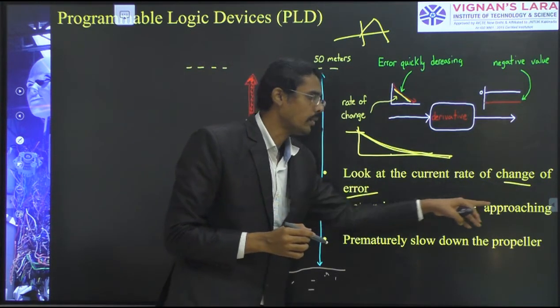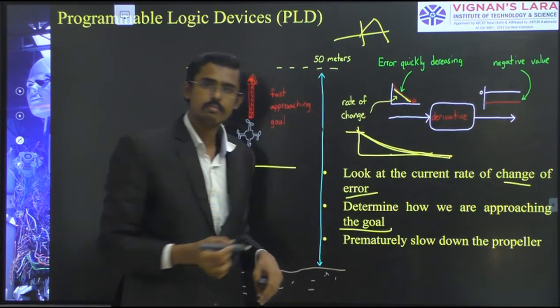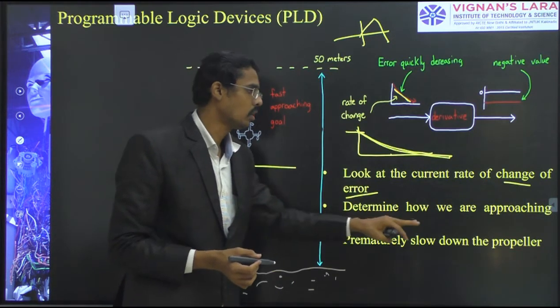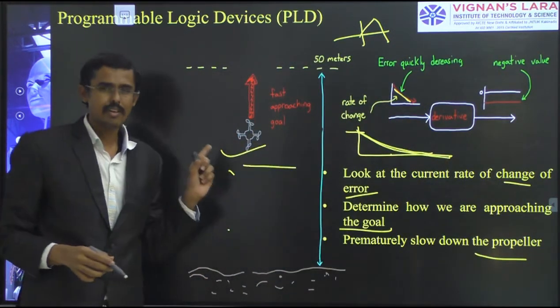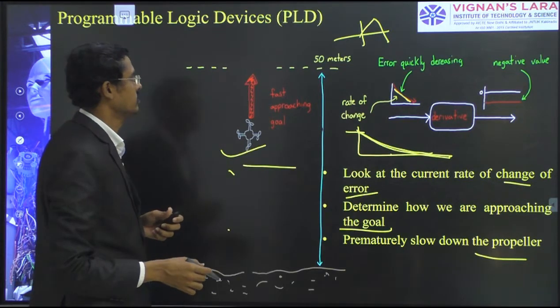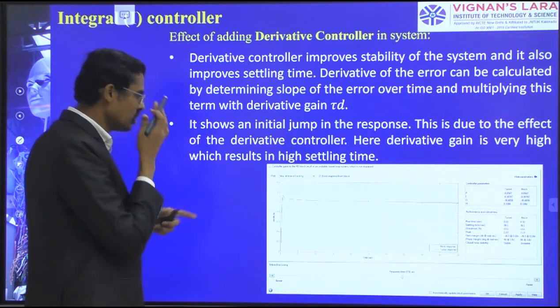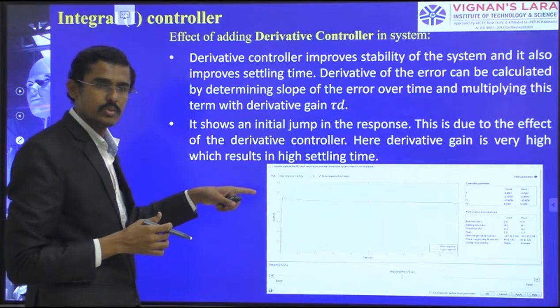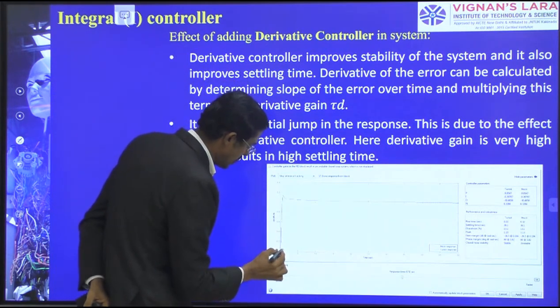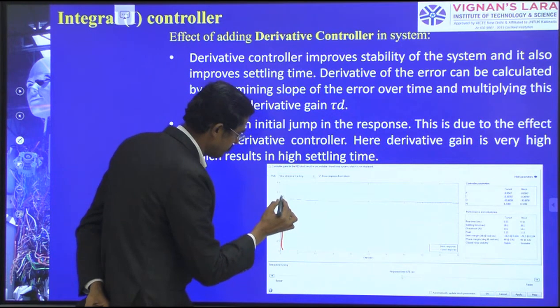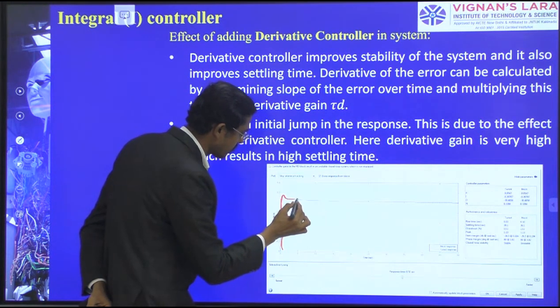It determines how we are approaching the goal and slows down accordingly. This is visible here. See, it went here and immediately gets steady state.